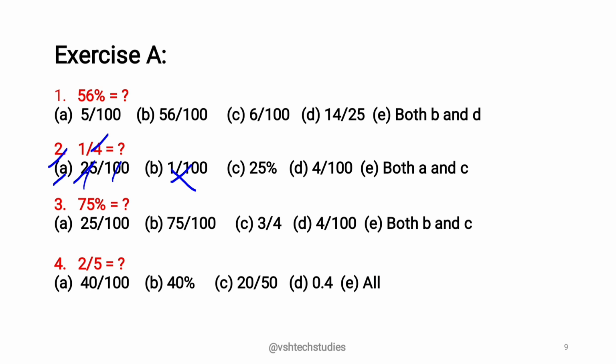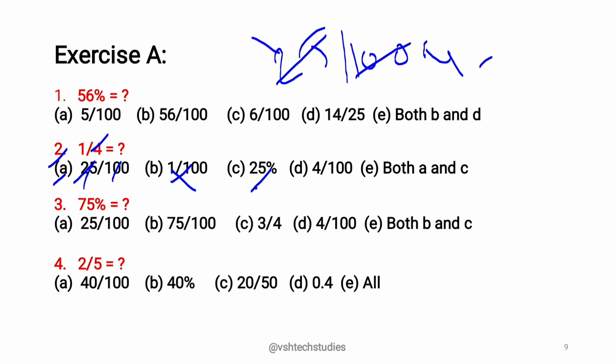So 25%, if you take here, 25% means 25 by 100. Okay. So 25 ones are 25, 25 fours are 100. This is equal to 1 by 4. So this option is also correct. So A option is also correct. C option is also correct. So far B option is not correct.